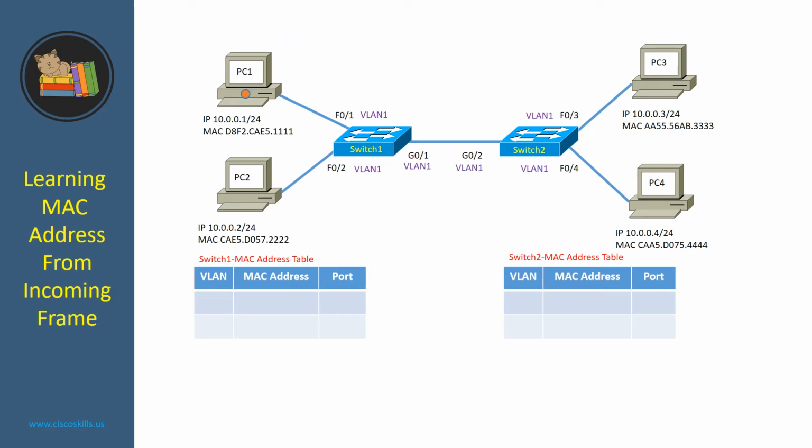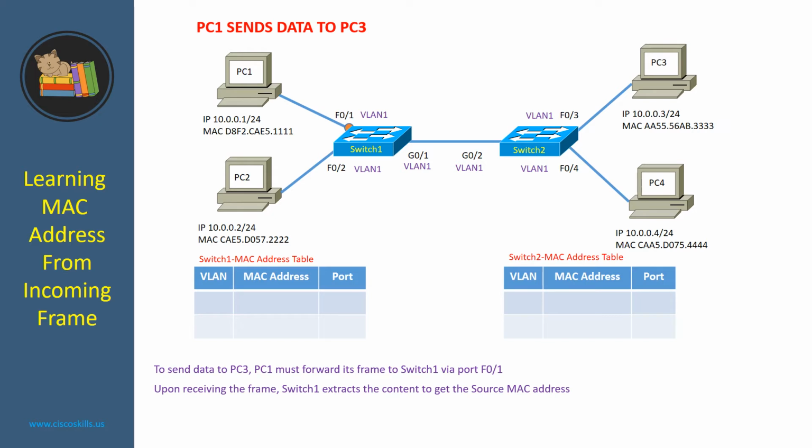Let's look into the scenario when PC1 sends data to PC3. To send data to PC3, PC1 must forward its frame to switch 1 via the port F01. Upon receiving the frame, switch 1 extracts the content to get the source MAC address.